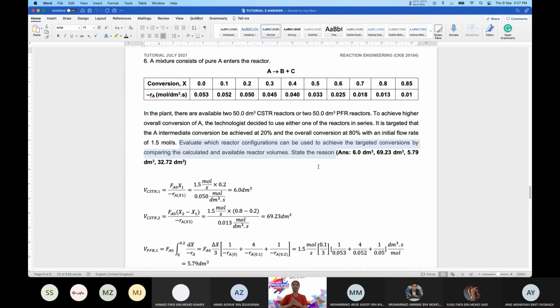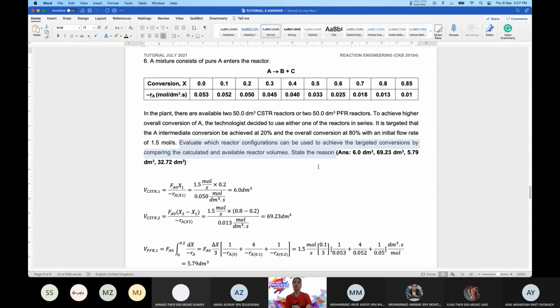So now, you are the technologist, and they ask which reactor we can use, with the boundaries that the first reactor must be 20% and the second reactor must be 80%. So can we use either 2 CSTR in series or 2 PFR in series in our plant? How do we do that? You have the available reactor volume, 50, 50, 50, 50.